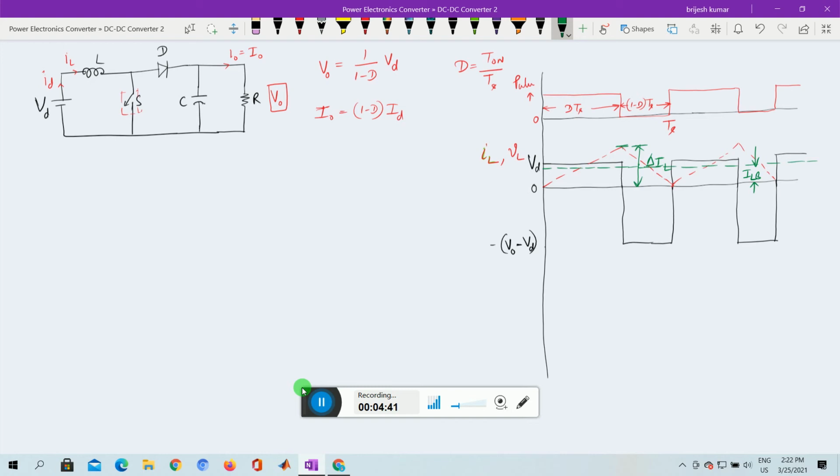Since we are calculating for the boundary value, let us write it as ILB. At the boundary, the average current ILB equals half of the IL peak, the maximum magnitude of this waveform.